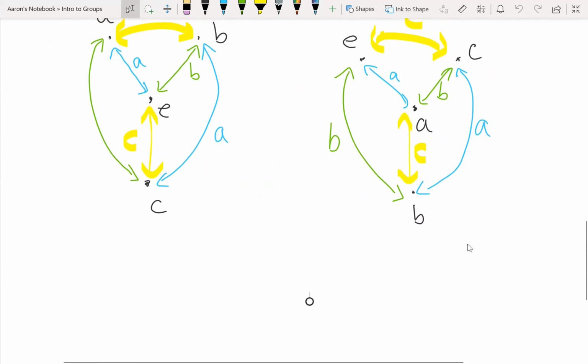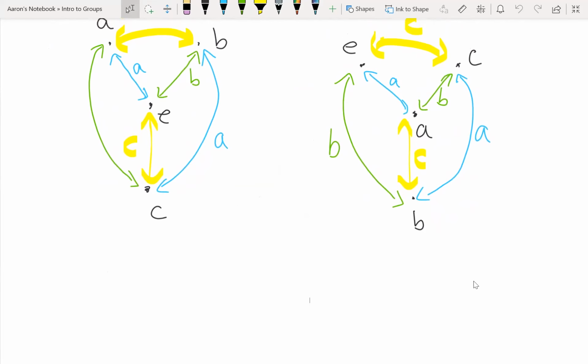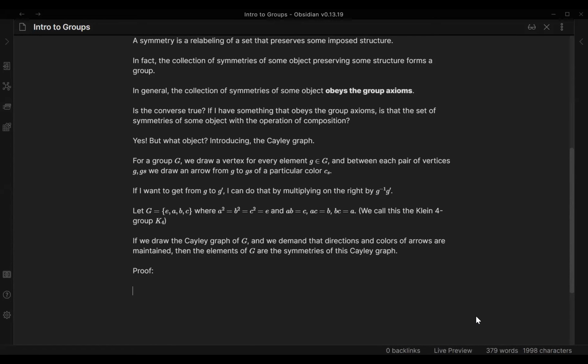given by the group elements. Proof. Let me grab my notes for this. So suppose we are looking at a vertex G going to GF by F. This arrow has a particular color, call it CF, right?